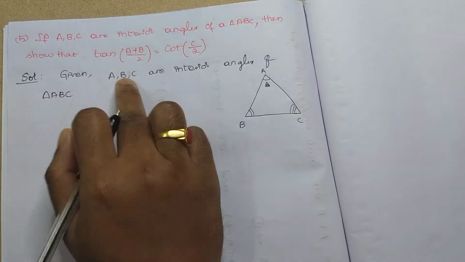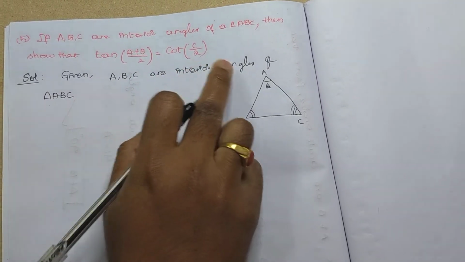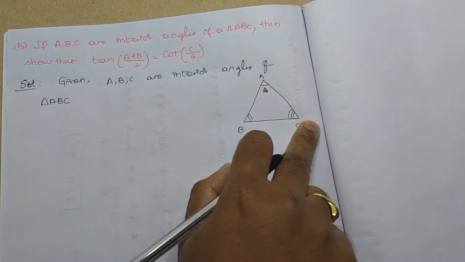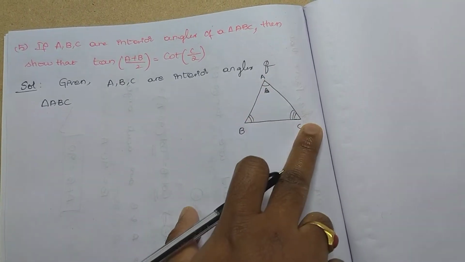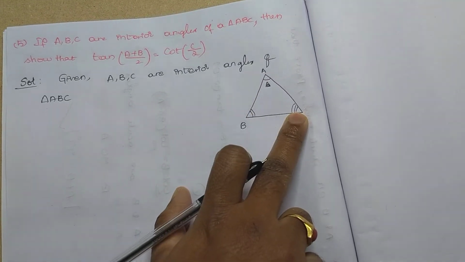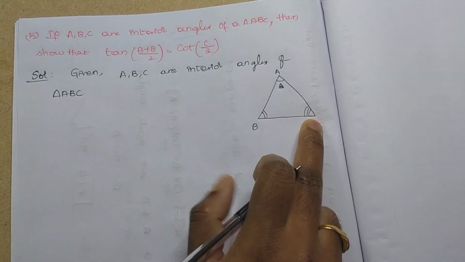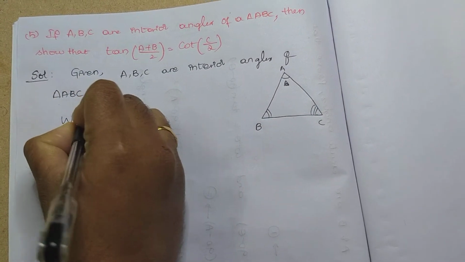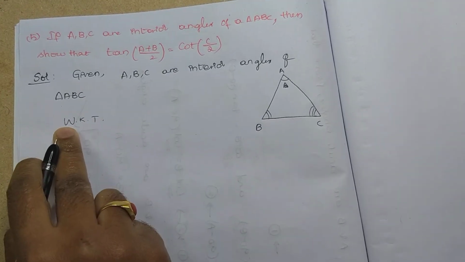So, given A, B, C are interior angles of triangle ABC. I have just drawn a triangle with the vertices A, B and C. This represents angle A and here it is angle B. This is angle C. So we know that sum of angles in a triangle is 180 degrees. In your exam you have to elaborate this.